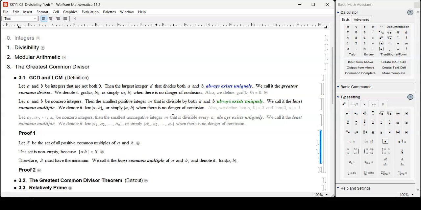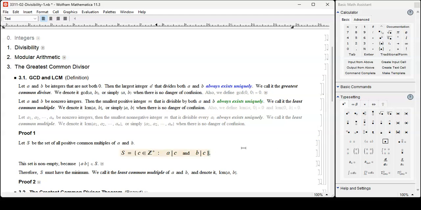As for the proof of the standard case, it's actually a bit easier. Let S be the set of all positive common multiples, and we're going to find the minimum of this, right? Now this is coming from the set of all positive integers, which is well defined. So all we have to do is to prove this is non-empty.